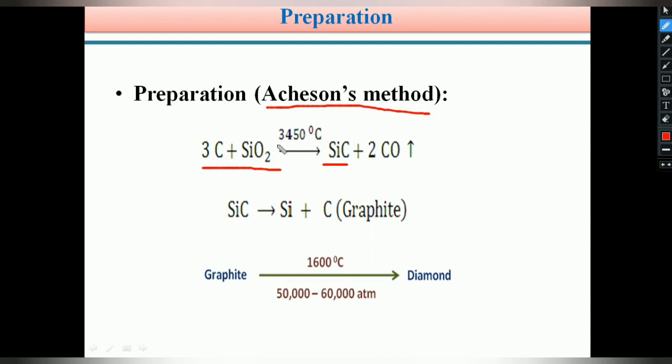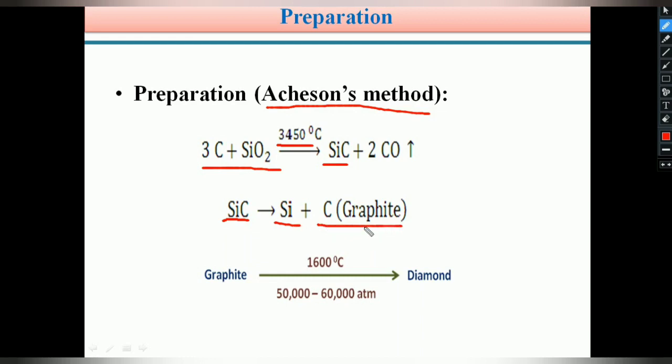SiO2, another name is sand. Both carbon and silicon dioxide are heated at around 3450 degrees centigrade, and converted into silicon carbide and carbon monoxide. Later, this silicon carbide is dissociated into silicon and graphite.